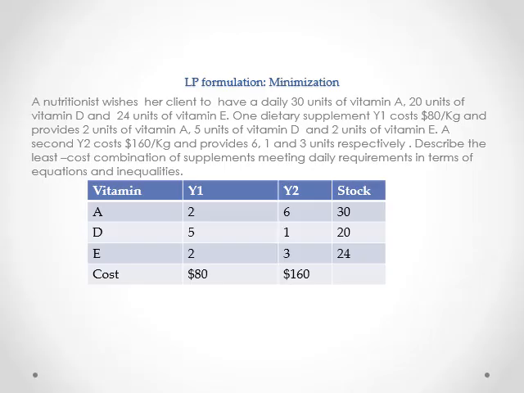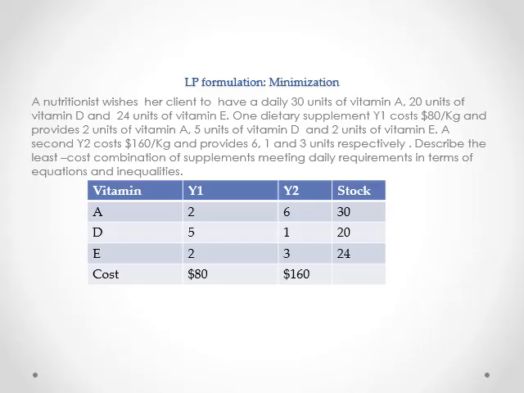A nutritionist wishes her client to have a daily 30 units of vitamin A, 20 units of vitamin D, and 24 units of vitamin E. What that means?